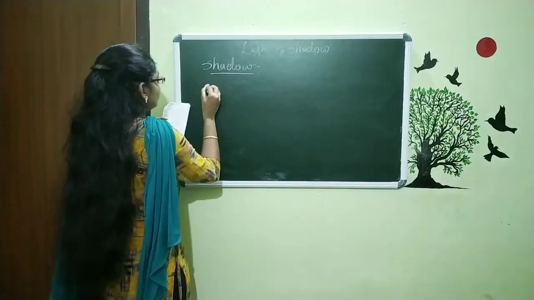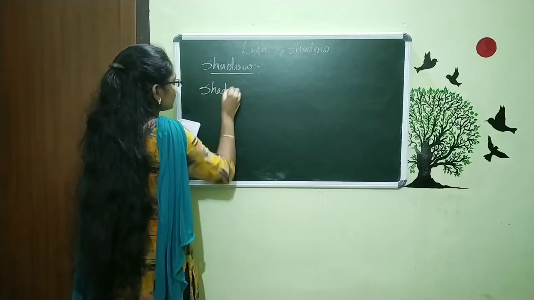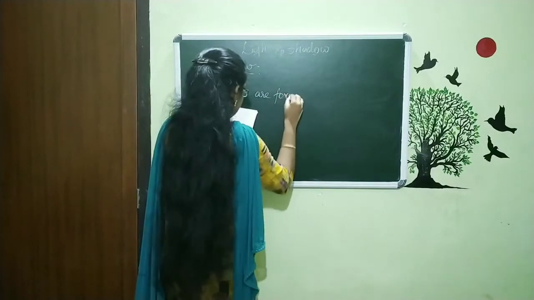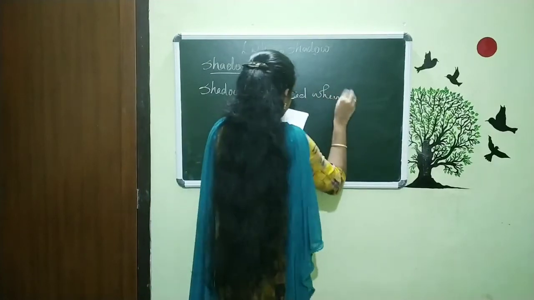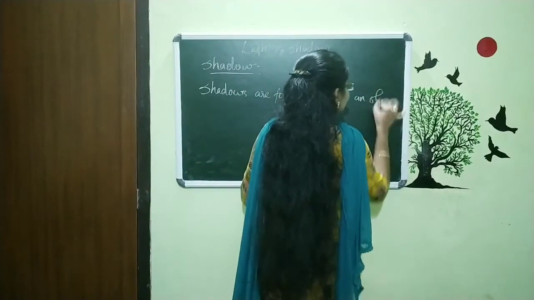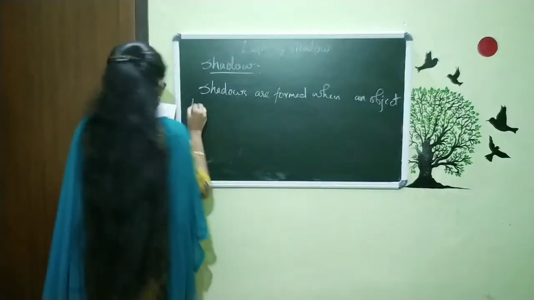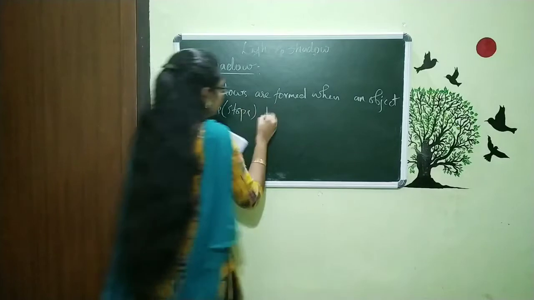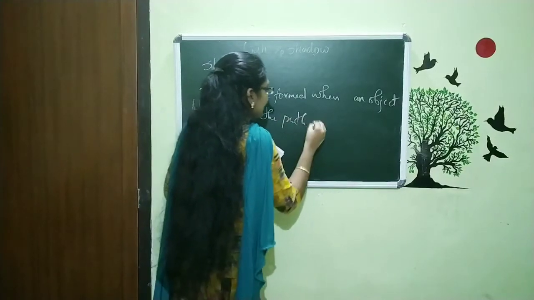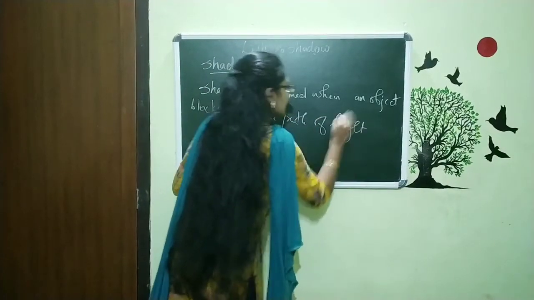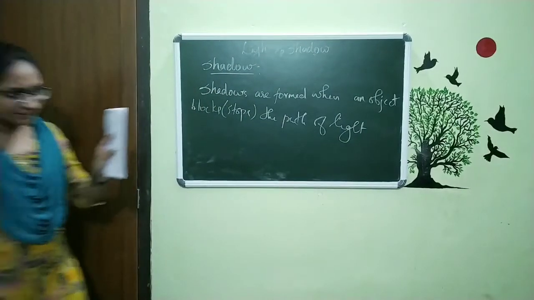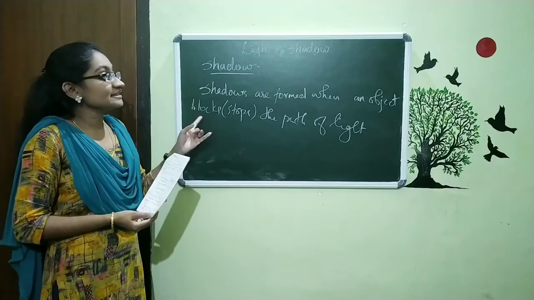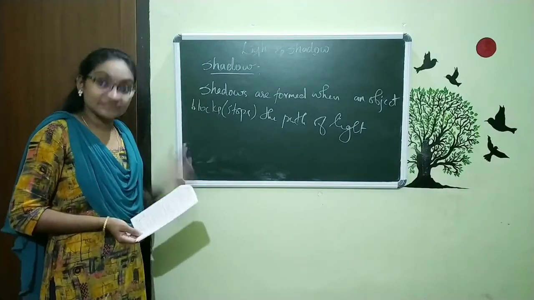So shadows are formed when an object blocks or stops the path of light. So very simple. When I am giving light, actually the straight line of path is getting blocked or it is getting stopped.